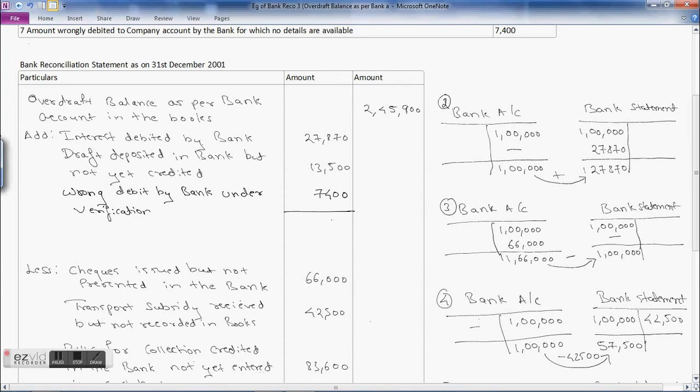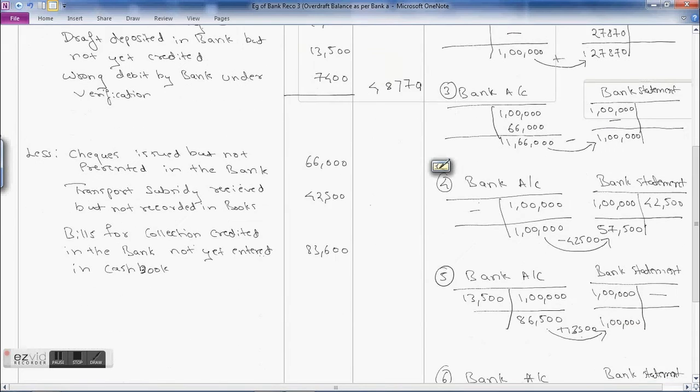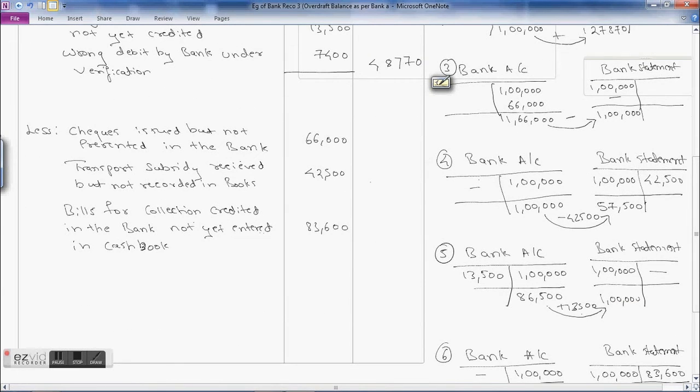Now what we'll do is we'll add all this. So 27,870, 13,500 and 7,400. It comes to how much? 48,770. Okay, and we'll total this also. 66 plus 42,500 plus 83,600.